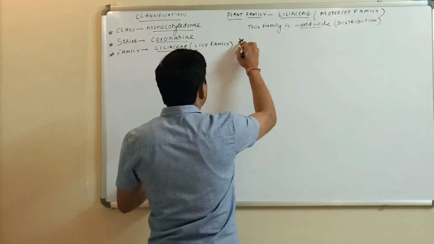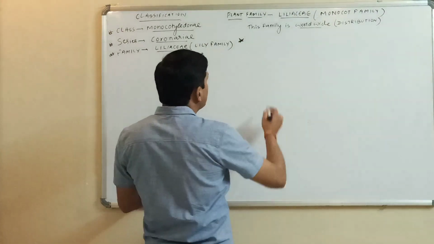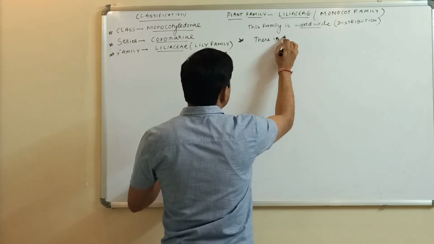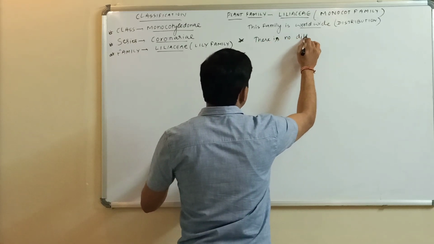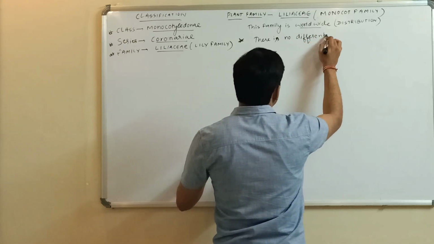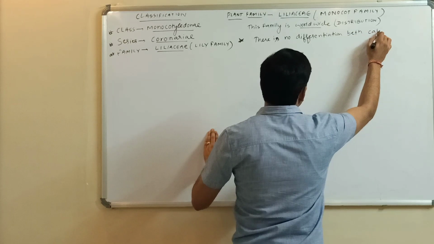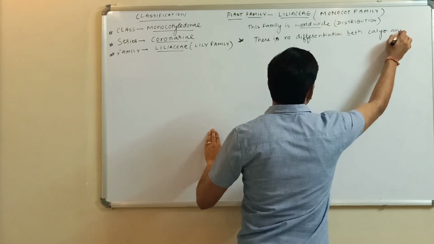And there is a special feature of this family, that there is no differentiation between calyx and corolla.